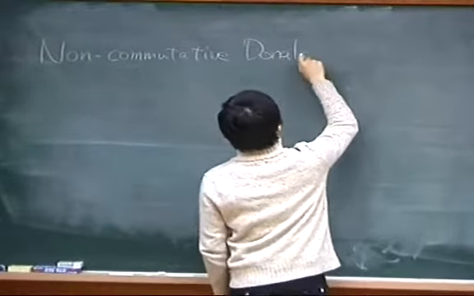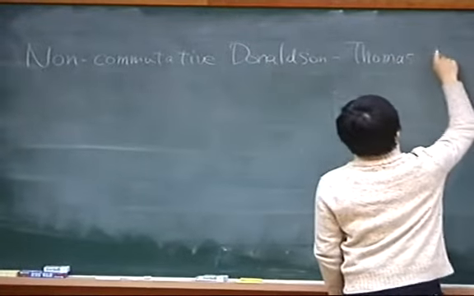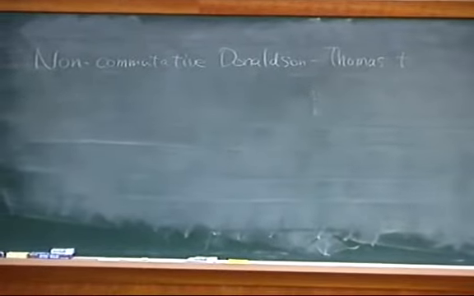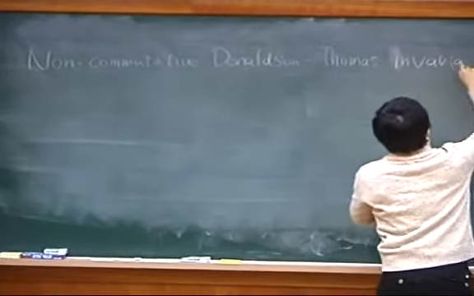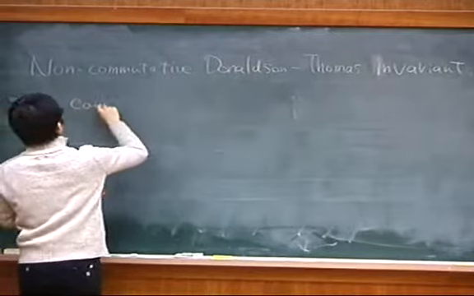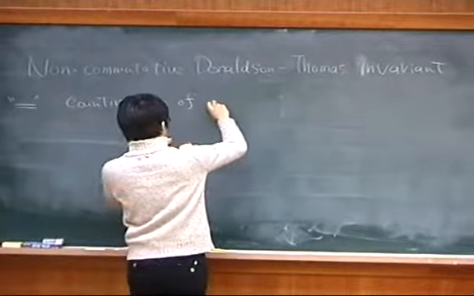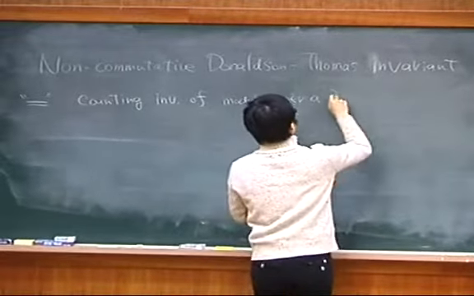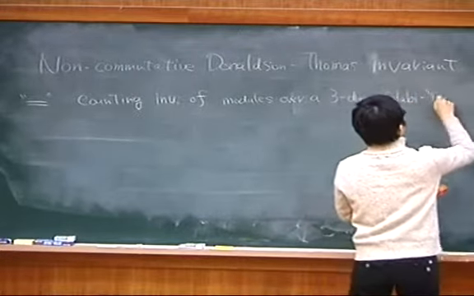Donaldson-Thomas theory. Invariant. This is, roughly speaking, a counting invariant of modules over a three-dimensional Calabi-Yau algebra.